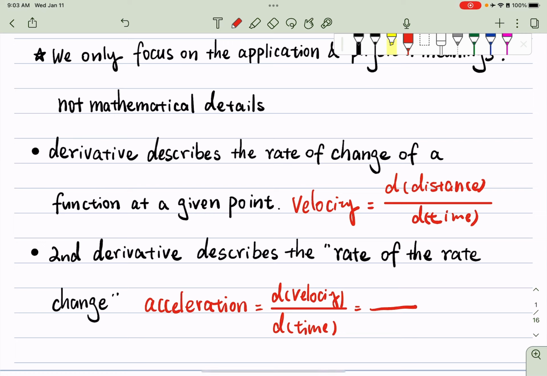Which, if you think about distance, that's a second derivative of distance over time. All right, so these are just very fundamental. What exactly are we talking about when we're saying derivative? It's not mysterious. It's just talking about the rate of change.